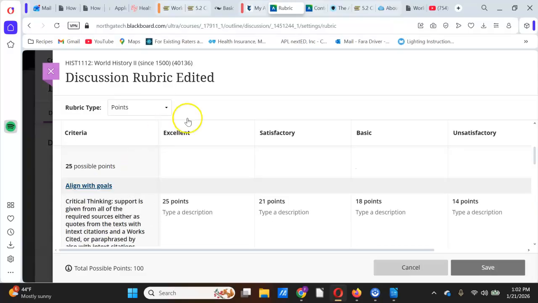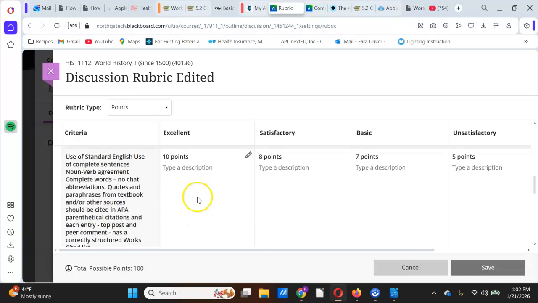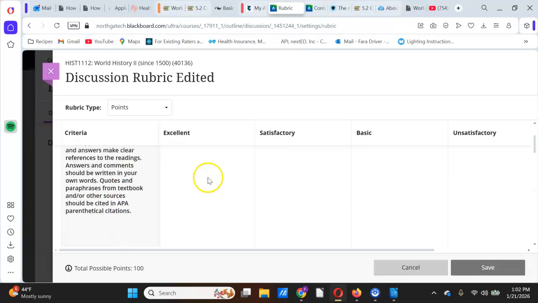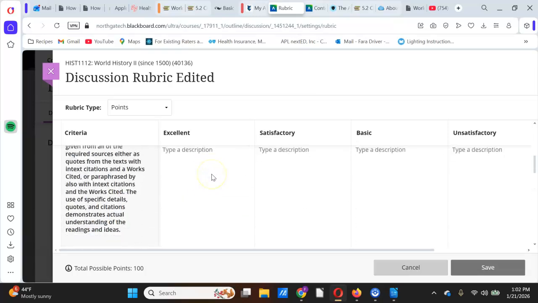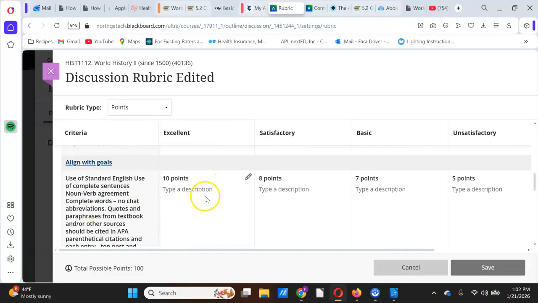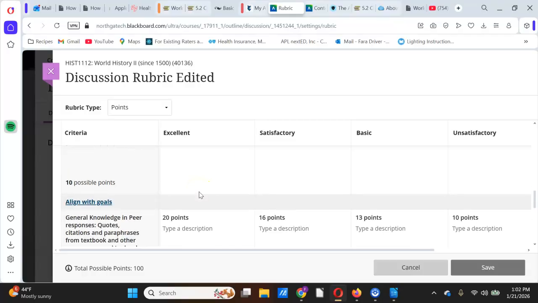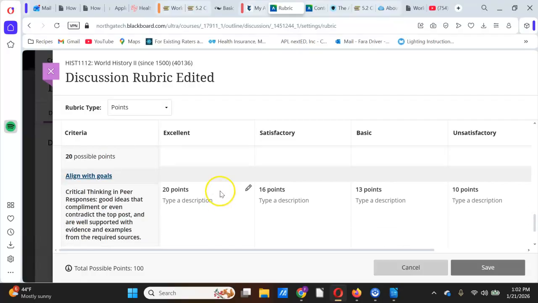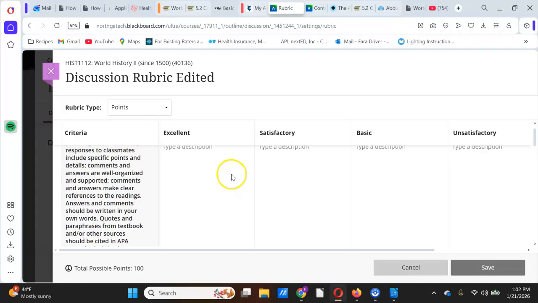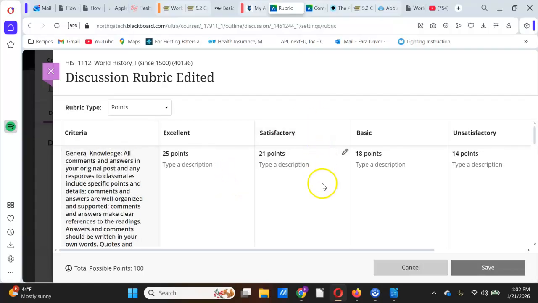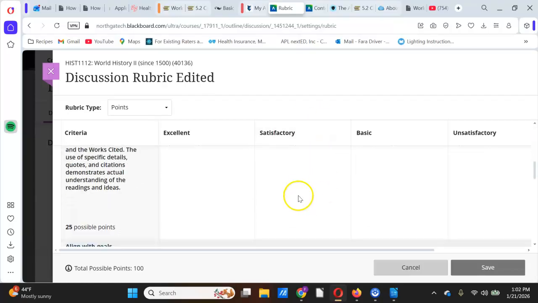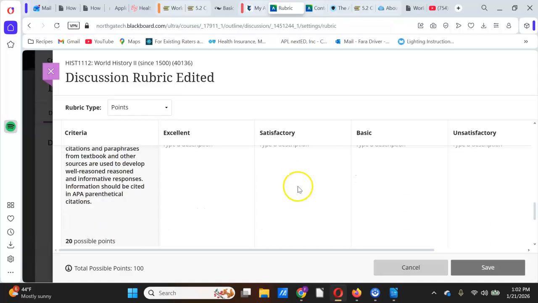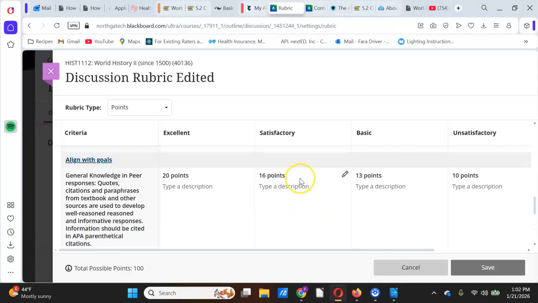So that adds up to, depending on where you are, if you are excellent, it's worth the full value of the category, which is 25, 25 and 25 for your top post for critical thinking and general knowledge, 10% or 10 points for your APA citation and so forth, and then for your peer comments, 20 and 20. Then if it's satisfactory, which is effectively the B grade, it's going to be 21, 21, 8, 18 and 18, or 16 and 16, sorry.